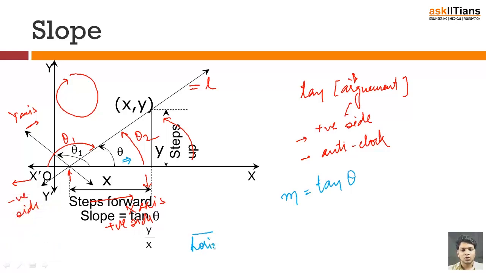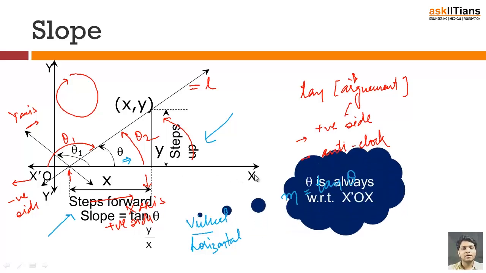So horizontal is in the denominator and this is the vertical. As you can see in the picture, the number of steps up that you have moved in the vertical direction, and the number of steps in the horizontal direction, will give you the mathematical value of the slope. And the most important thing is that the value of theta is always measured from the x-axis.